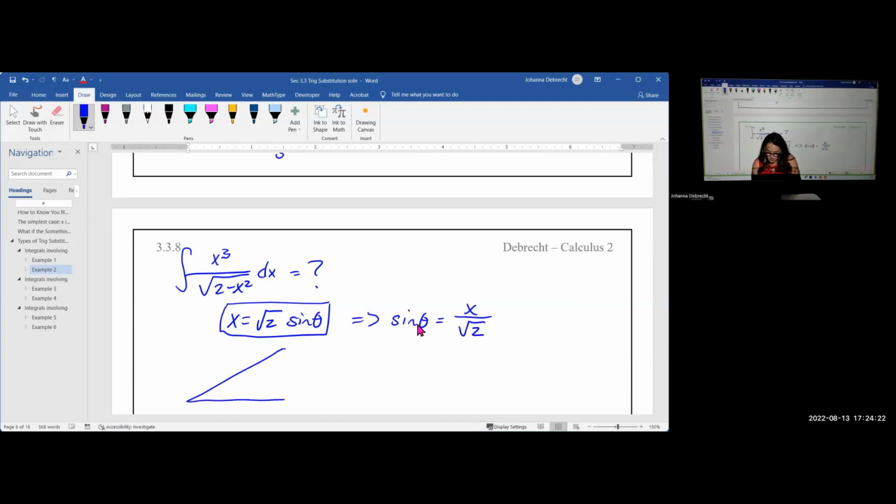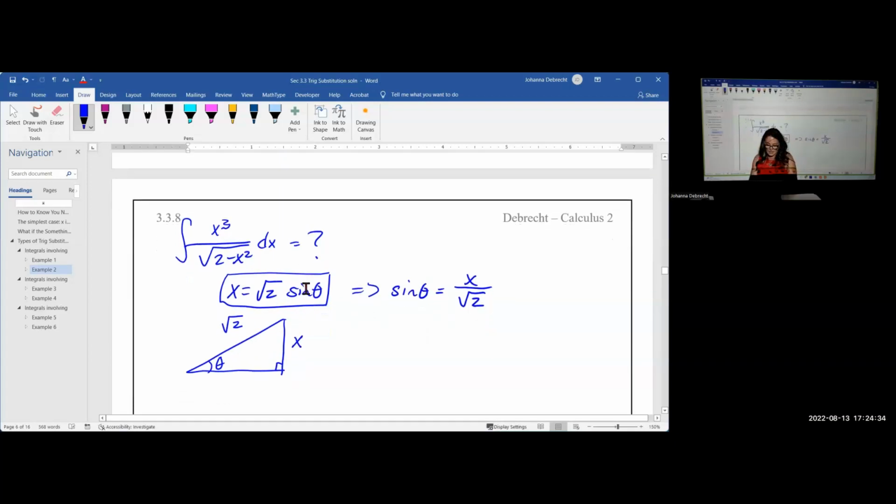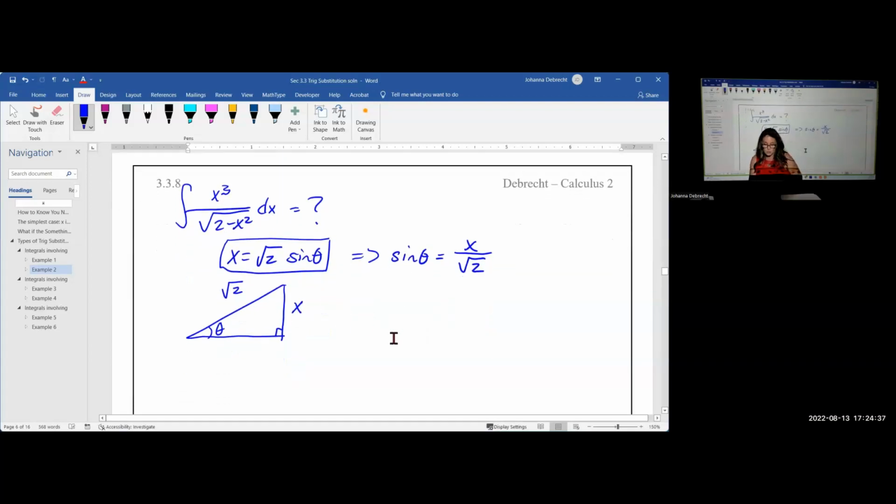So we'll draw a right triangle with the angle theta in the lower left corner. Sine is opposite over hypotenuse. So we have x over radical 2. And then we'll use the Pythagorean identity to build the third side, which, no surprise, is going to turn out to be the square root of 2 minus x squared, which was the original denominator. No shock.